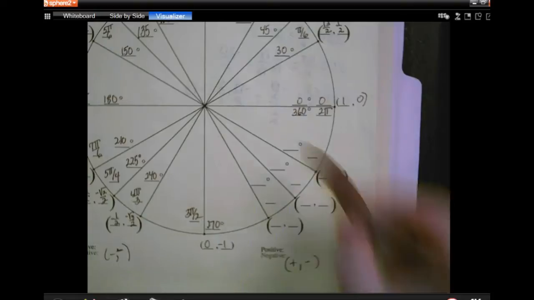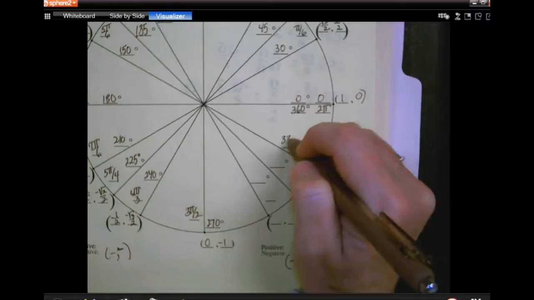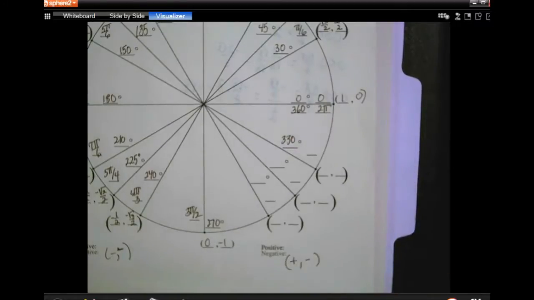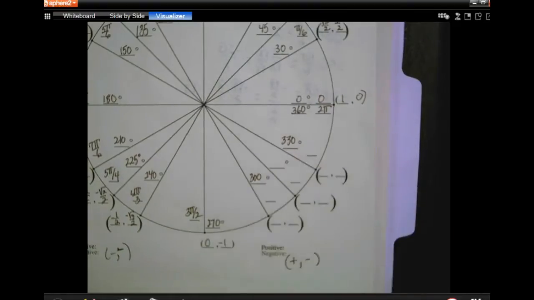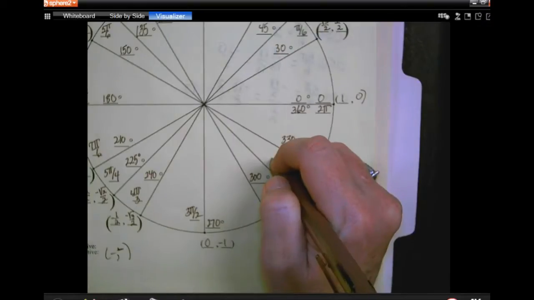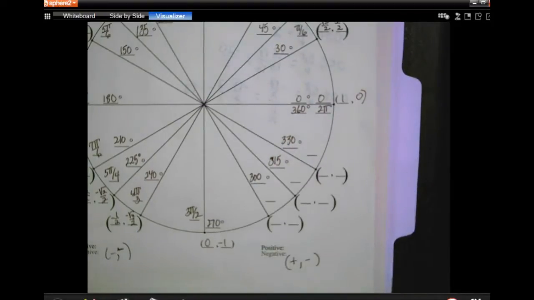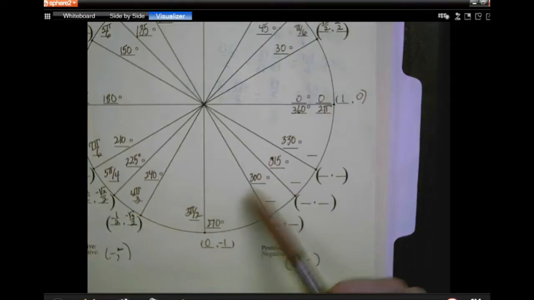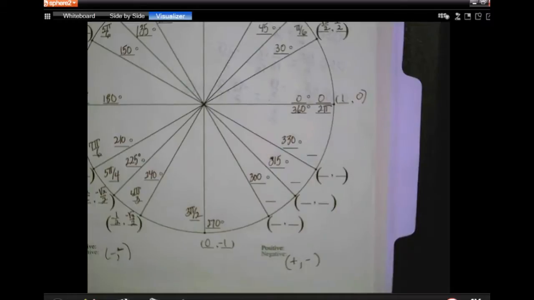Okay, so to get from 360 back here, I'm going to subtract 30, which gives me 330. To get from here to here, I'm going to add 30, which gives me 300. I'm going to add 15, so that gives me... so the reference angle here is, oh wait, let's do this. So 300 is how many 60s?